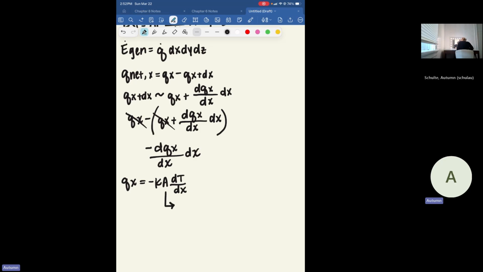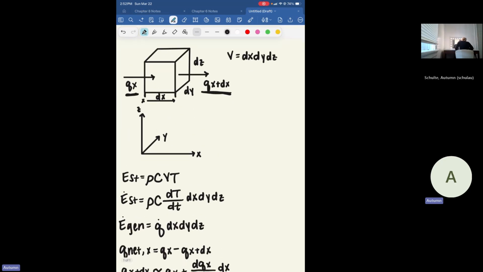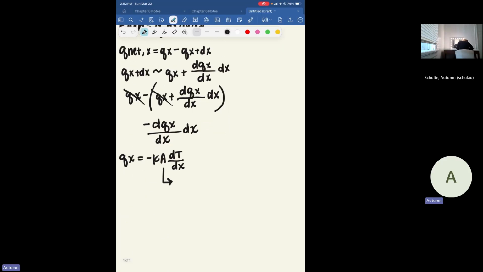Our area in this case is going to be dy times dz. So we can substitute that in. The heat flow at x is going to be the negative thermal conductivity multiplied by dy dz multiplied by the change in temperature with respect to x.